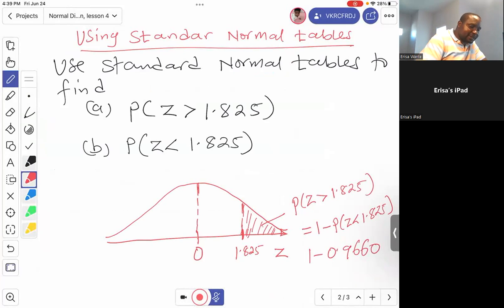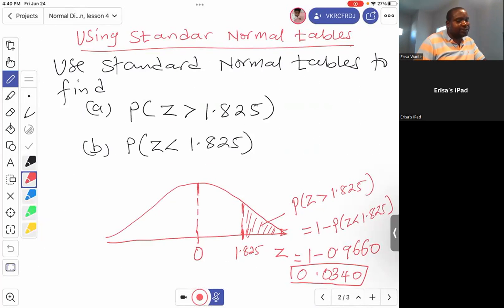You go ahead and subtract it, and you get 0.0340. That's the probability that Z is more than 1.825. It's just a small probability, 0.0340. So that's how we use this type of normal table.